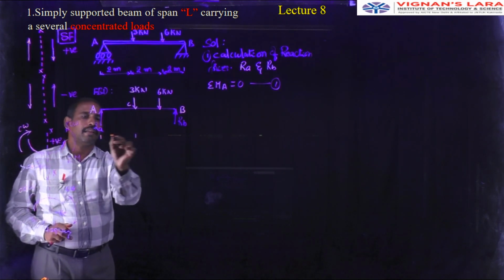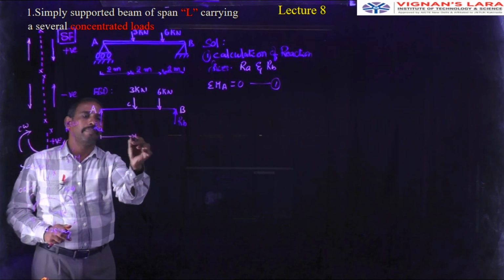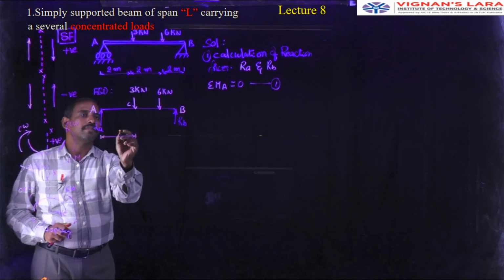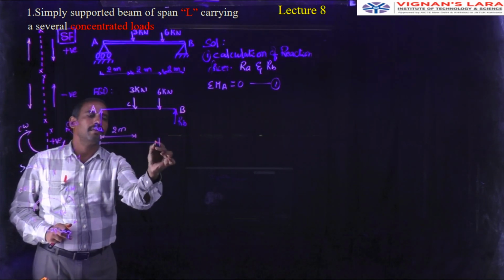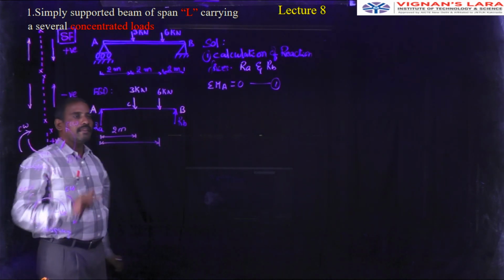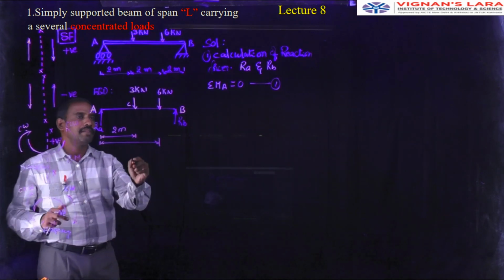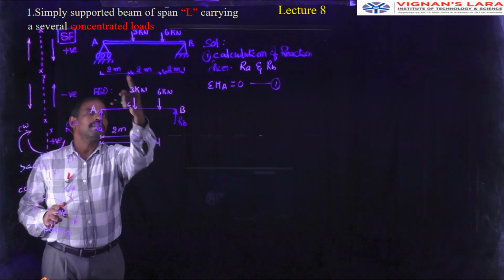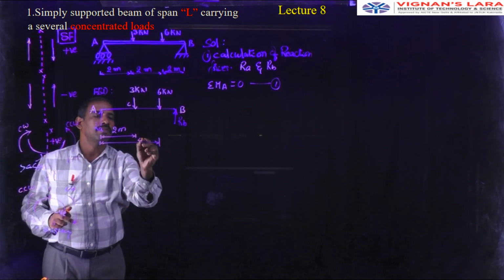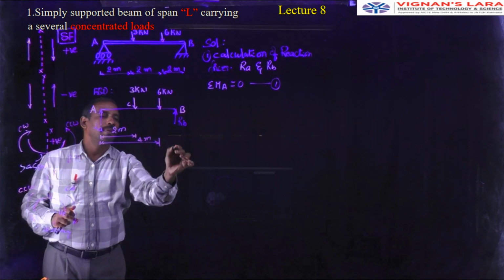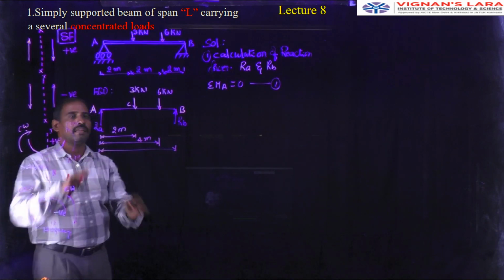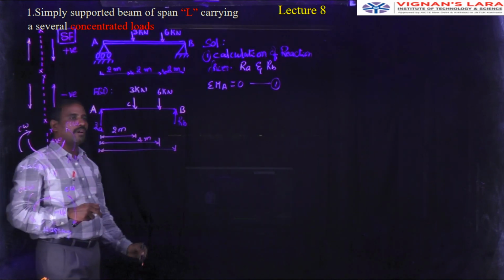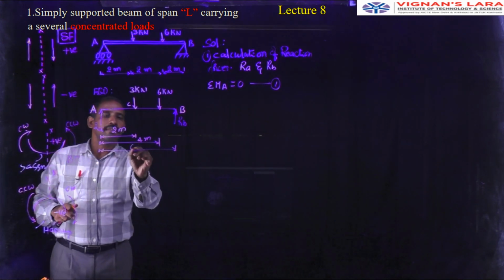The perpendicular distance from A to the first force, 3 kilonewtons, is 2 meters, and to the second force of magnitude 6 kilonewtons is 2 plus 2, that is 4 meters, and to the line of action of RB is 6 meters.